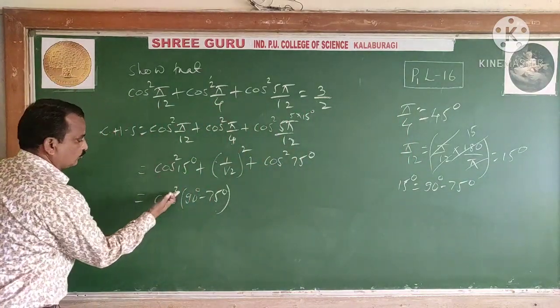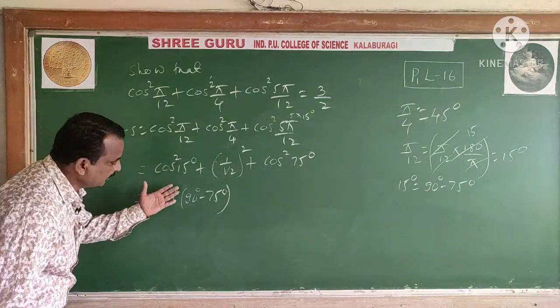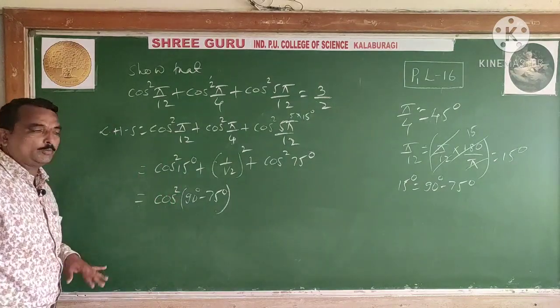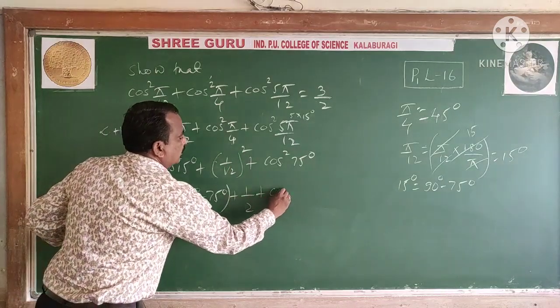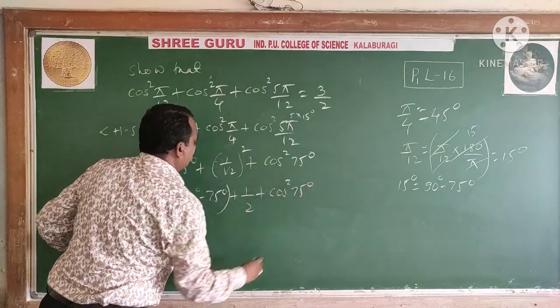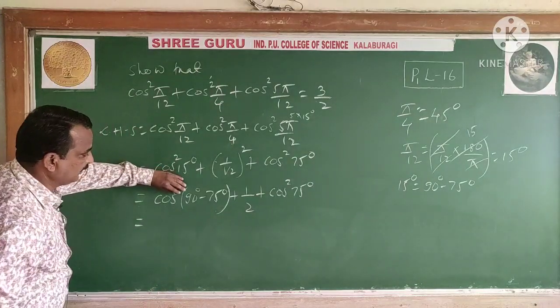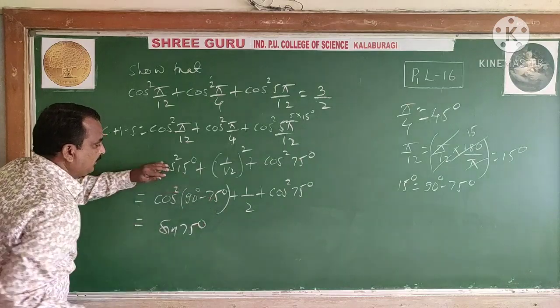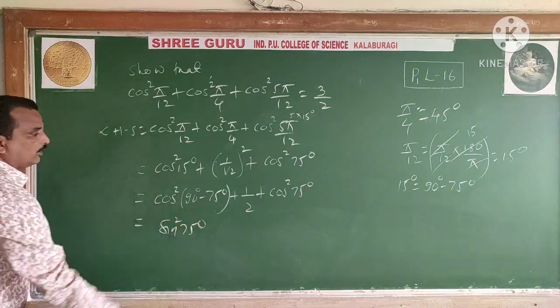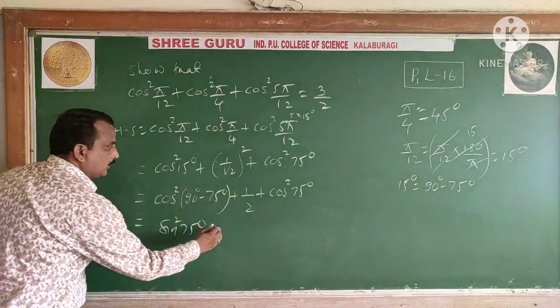Yes, write it. Square is the square, cube is the cube; you don't bother about the power here. This is 1 by root 2 squared, 1 by 2. This is cos square of 75 degree as it is. Then cos changes to sine: 90 minus theta, sine theta. What is theta here? 75 degree. Square is that square. In the first quadrant it is positive.